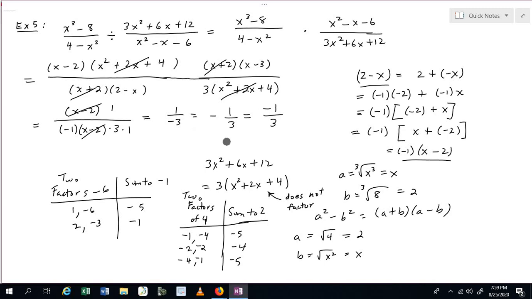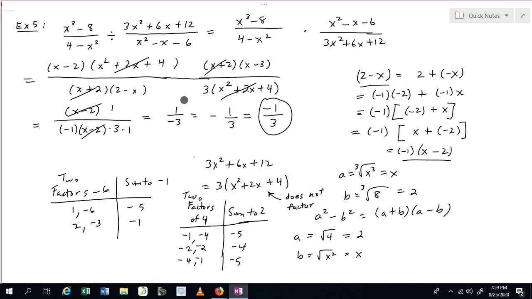It's the same thing. So after you divide these two rational expressions, you're left with negative 1/3.